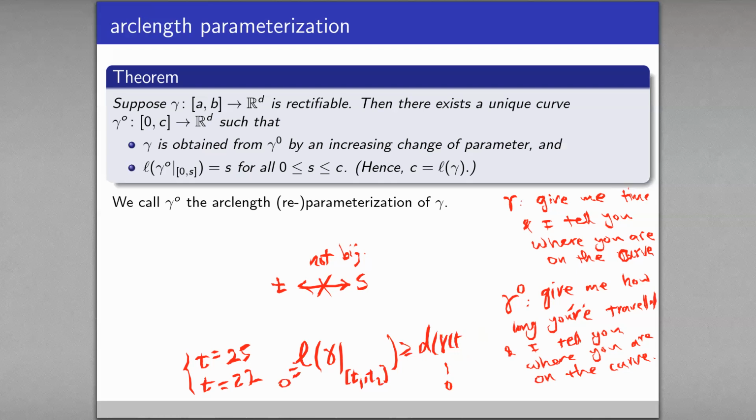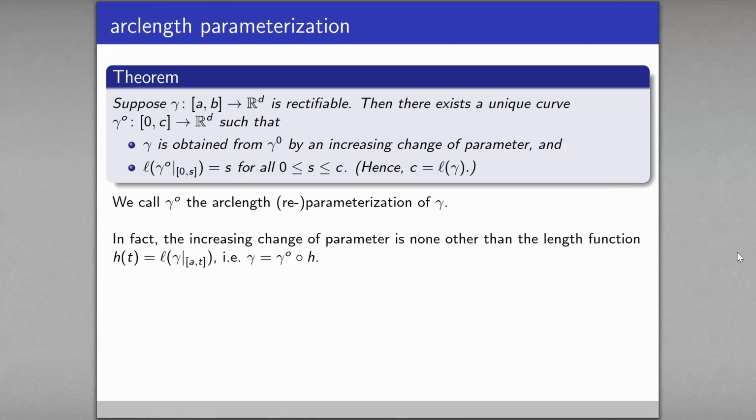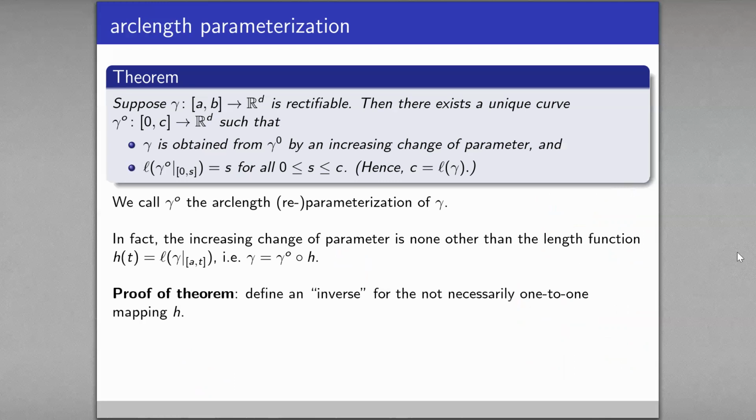And that is actually why it allows us to define gamma 0. Okay, let me actually move on with this. This h here is the arc length parameter, in fact. So the change of parameter that happens is exactly this function, so we know exactly what h is. But for the proof, remember that you start with gamma and you need to define gamma 0.